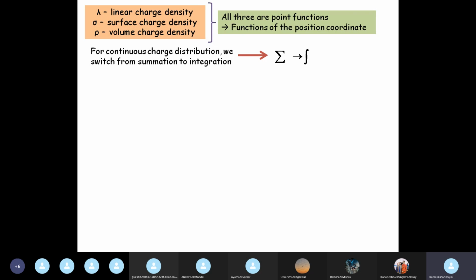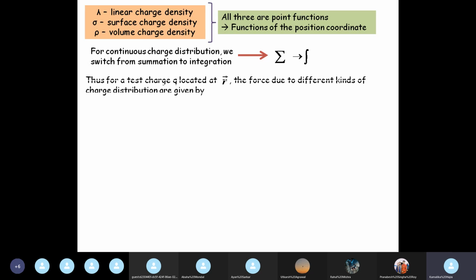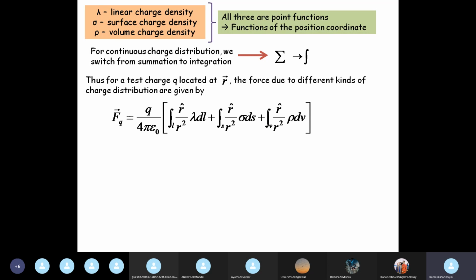But now that we are switching from discrete to continuous, we have to switch from summation to integration. So we have to learn a new way of writing the principle of superposition. If we have a test charge Q located at a position R, then the force due to different kinds of charge distribution will be given by this.